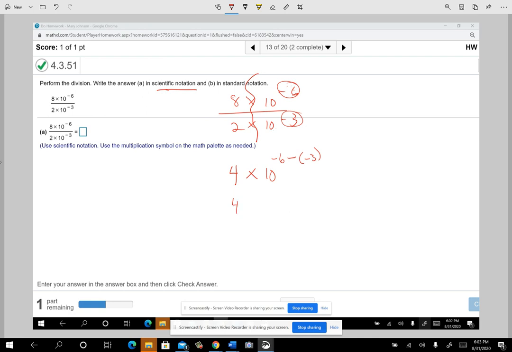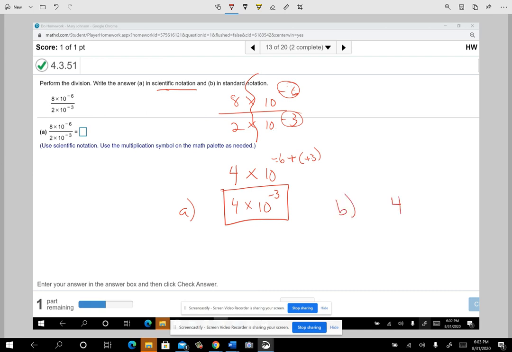And so that would be 4 times 10. And -6 minus -3, remember, is -6 plus 3. So you wind up having just that. 4 times 10 to the -3 would be your answer to part A. And then for part B, you're putting it in standard form.